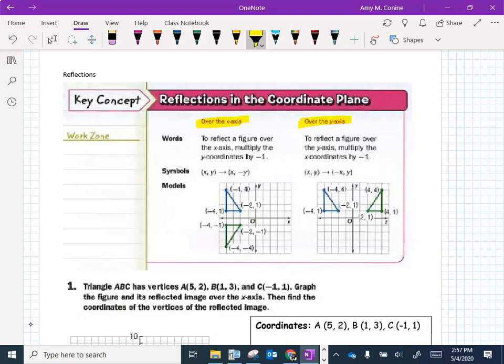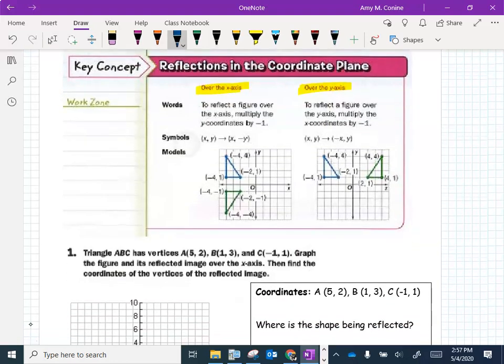For your x-axis, a reflection over your x-axis means you are taking a point. Let's say we have point 2, 1. If we have a reflection over our x-axis, that means our y value is going to change to the opposite of what it was. So if I start with 2, 1, I'm going to end with 2, negative 1.